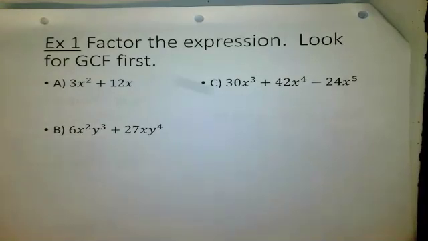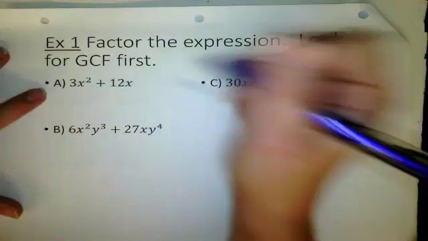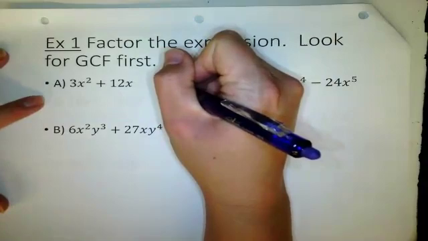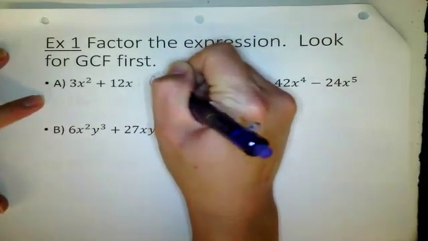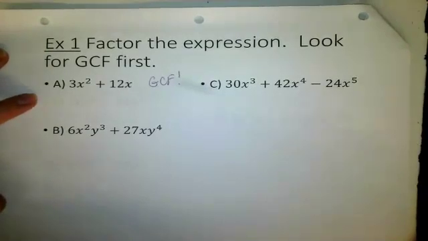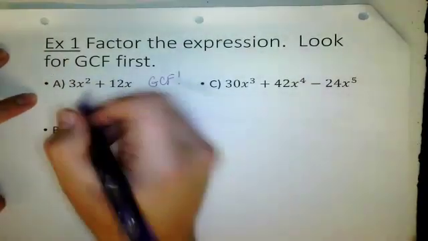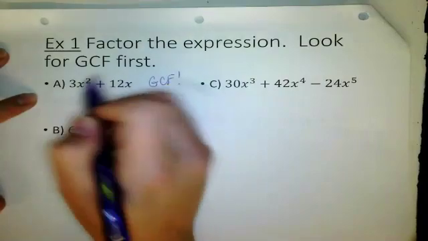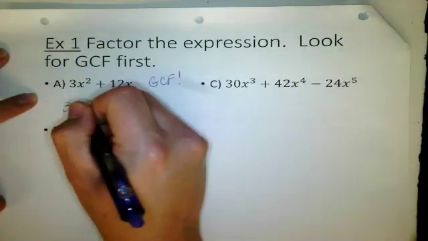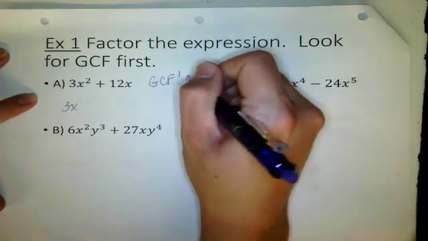So sort of taking 2 things apart. So I have 3x squared plus 12x. So what is their greatest common factor? 3. So both of these terms are divisible by 3, and they both have an x. So that GCF is 3x.